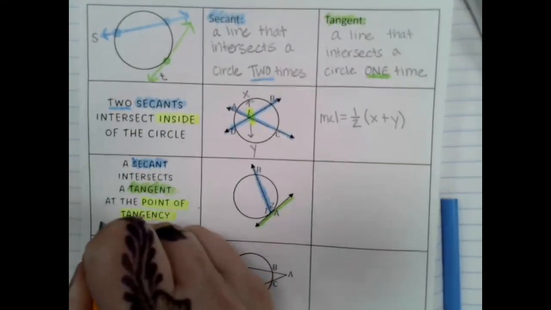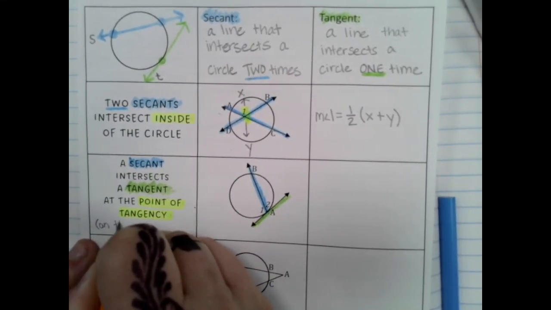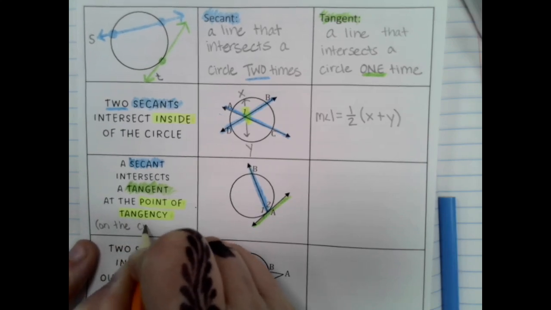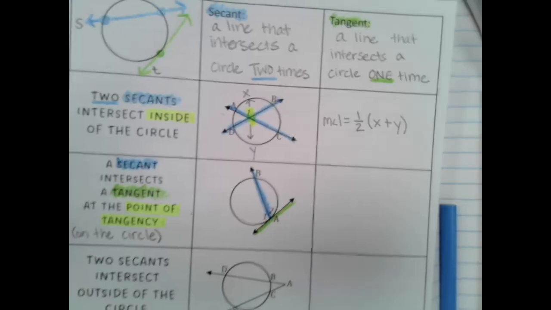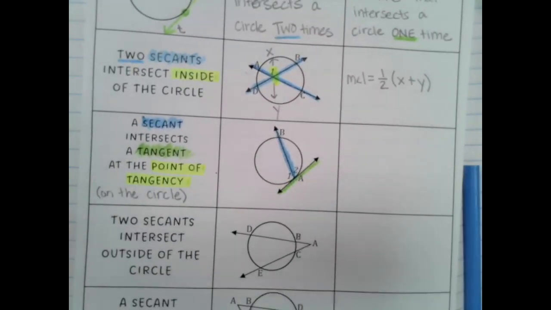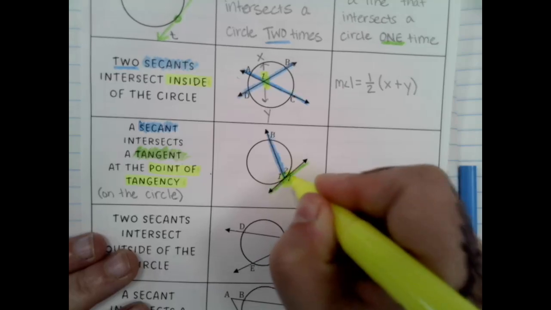So another way to say point of tangency is to say it touches on the circle. Or you could say on the circle's edge. Don't say outside, because it's on the circle, it's on the edge. All right, so if you want to highlight that A to show where it's intersecting.